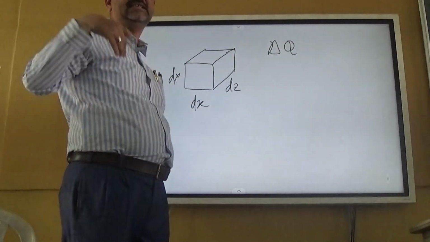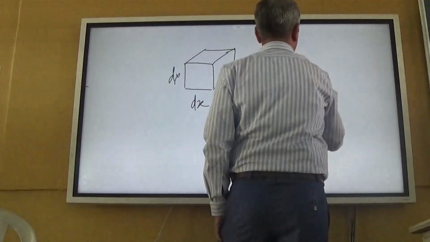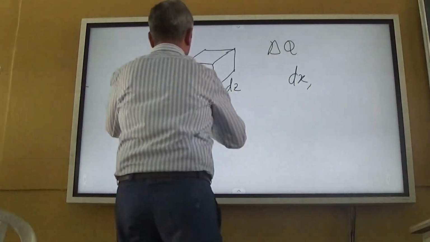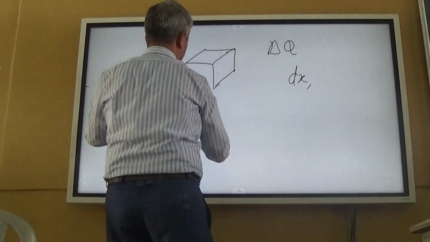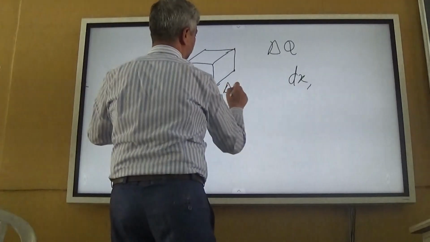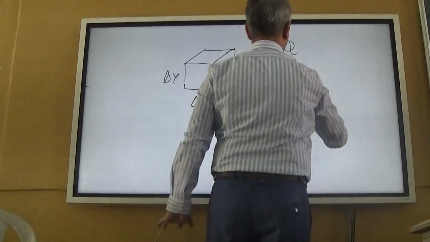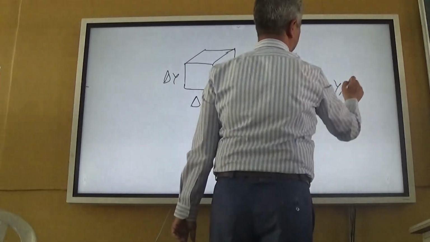Derive the expression for Gauss law as delta x, delta y, delta z tend to 0.